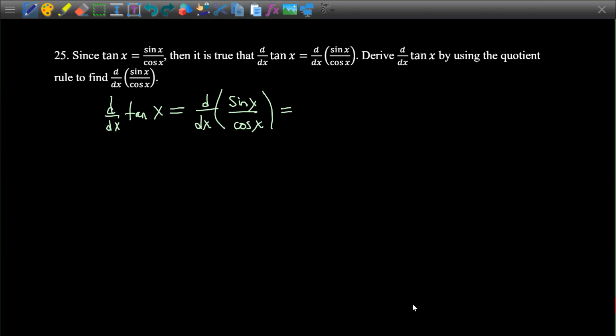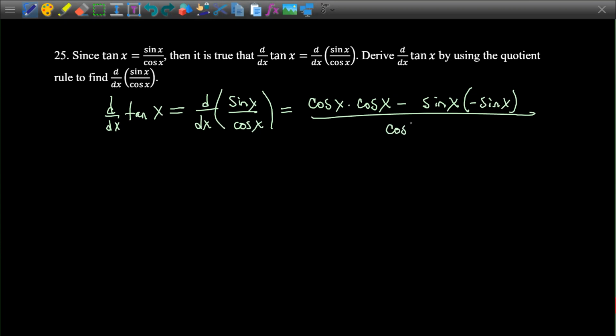So we have the derivative of the numerator times the denominator minus the numerator times the derivative of the denominator, which is going to be minus sine of x, and then all over the denominator squared. So this is cosine squared.